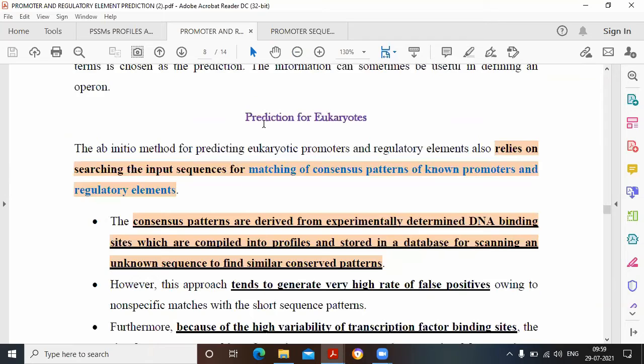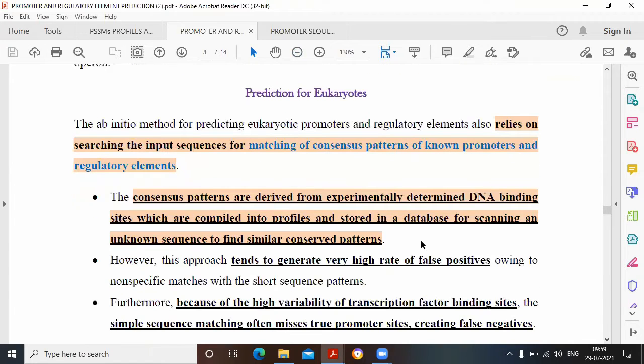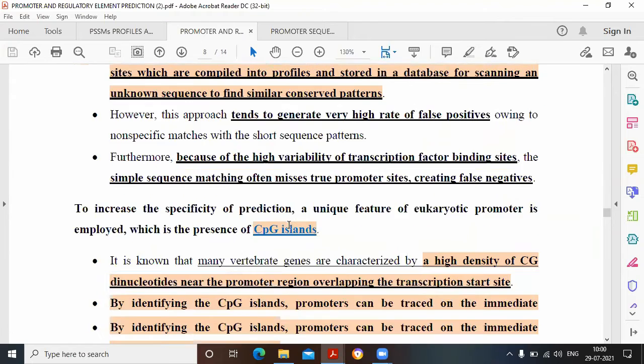And the same concept applies if we come to prediction for the eukaryotic system. Here also it basically follows a consensus sequence based approach. So it matches the consensus pattern of the known promoter and regulatory element, this is going to tally, and based on that they are going to provide the score.